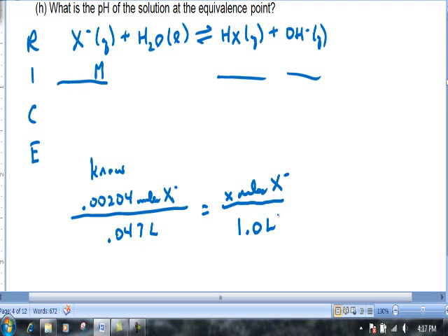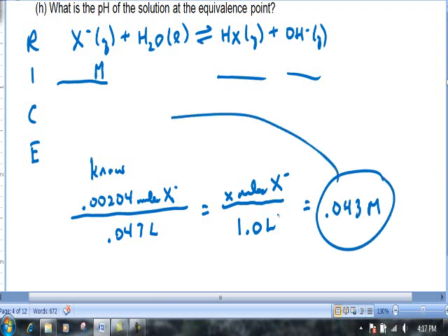Solving for how many moles we have present in 1 liter gives us our concentration of the salt solution. This comes out to be 0.043 molar of our salt solution. This is the value in our RICE strategy that we can now put in for the initial concentration of the salt solution, which is what's present and reacting with the water at the equivalence point.